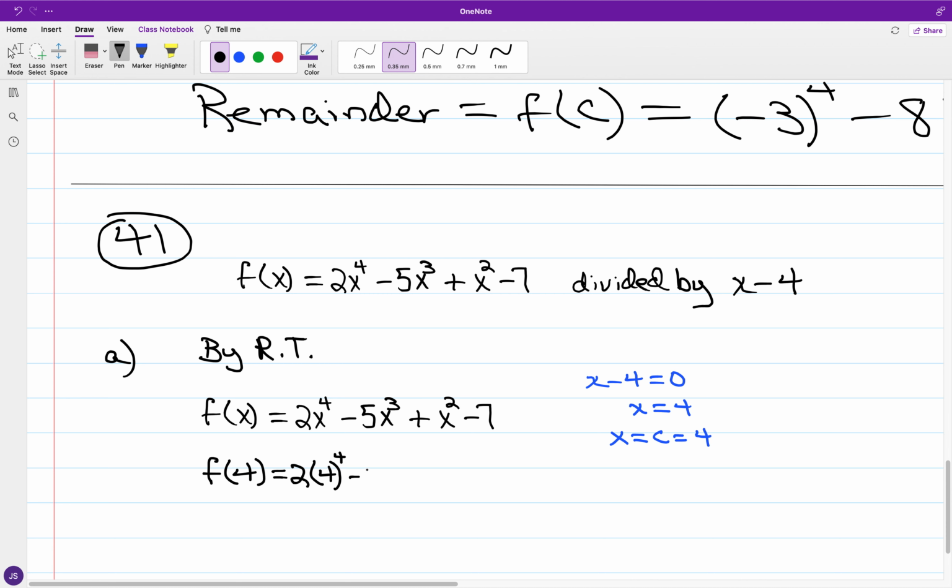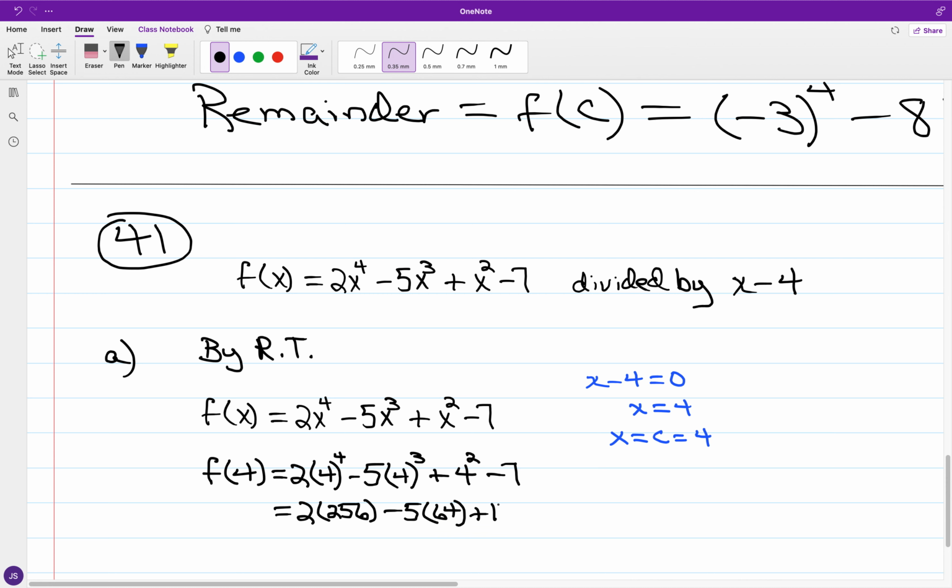So 2 times 4 to the fourth minus 5 times 4 to the third, plus 4 squared minus 7. Just filling in, 4 to the fourth will be 256. We have minus 5 times the cube of 4; 4 cubed is going to be 64.